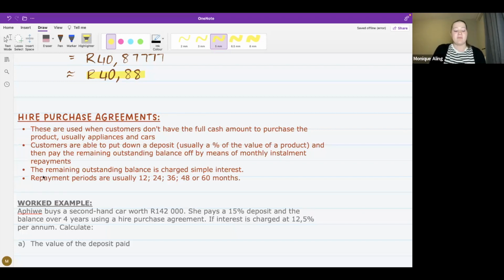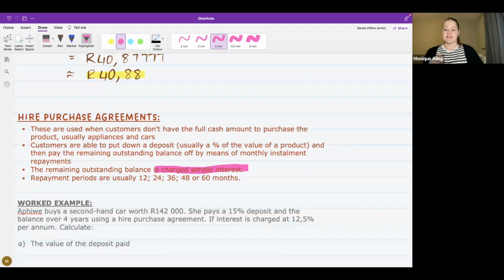Okay. The last bullet point says repayment periods are usually 12, 24, 36, 48, or 60 months. So it all depends on what you're paying off, who you are going into this hire purchase agreement with. Sometimes you can pay it off in 1 year, 2 years, 3 years, 4 years, 5 years. And the other important thing to take note of is that with hire purchase agreements, the outstanding balance is charged using simple interest.